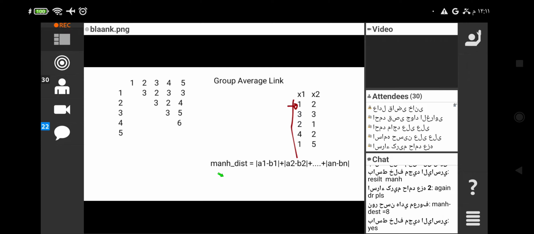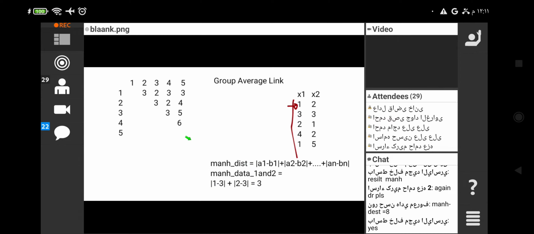If you want to find the Manhattan distance for the first data, Manhattan data 1 and 2 is equal to, let me write it for you, 1 minus 3 plus 2 minus 3, and this would be 3.